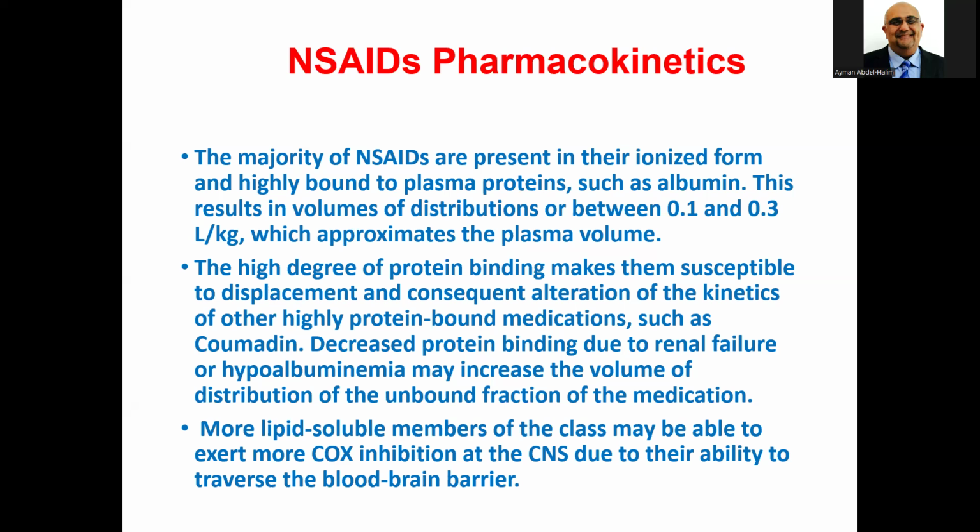The high degree of protein binding makes them susceptible to displacement and consequent alteration of the kinetics of other highly protein-bound medications, such as Coumadin. So the main issue is they displace other drugs from their protein binding. Decreased protein binding due to renal failure or hypoalbuminemia may increase the volume of distribution of the unbound fraction of this medication.